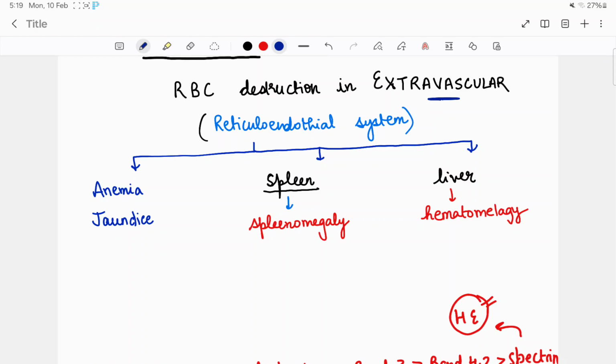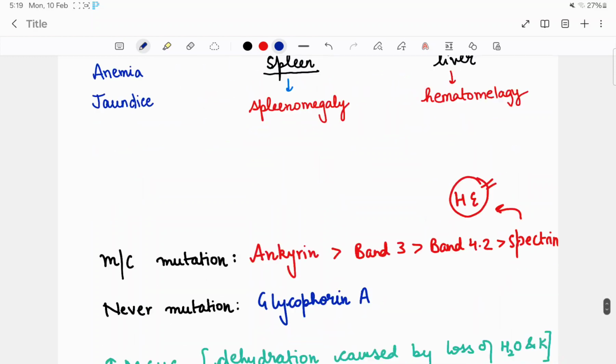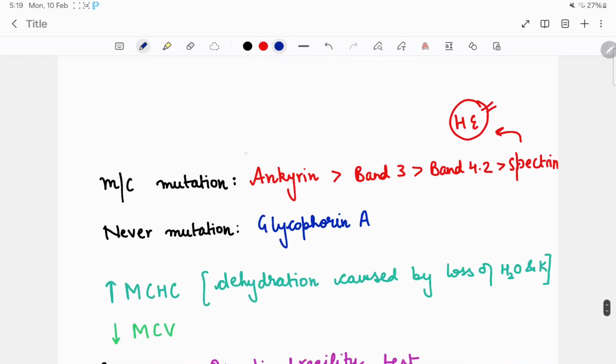Now in spherocytosis, there is some defect. What is the defect? There is a mutation in ankyrin. And this is important: the mutation is in ankyrin, band 3, band 4, spectrin. You can leave this. And what never mutates is glycophorin.